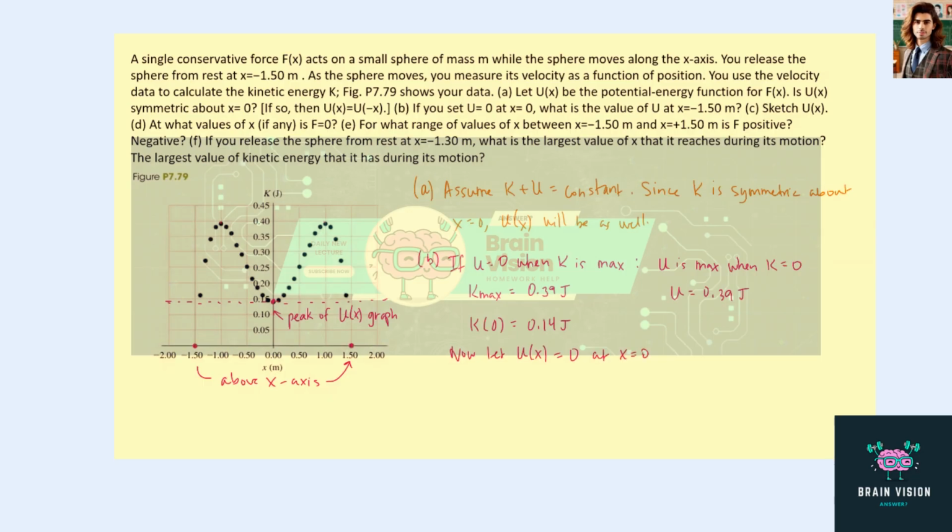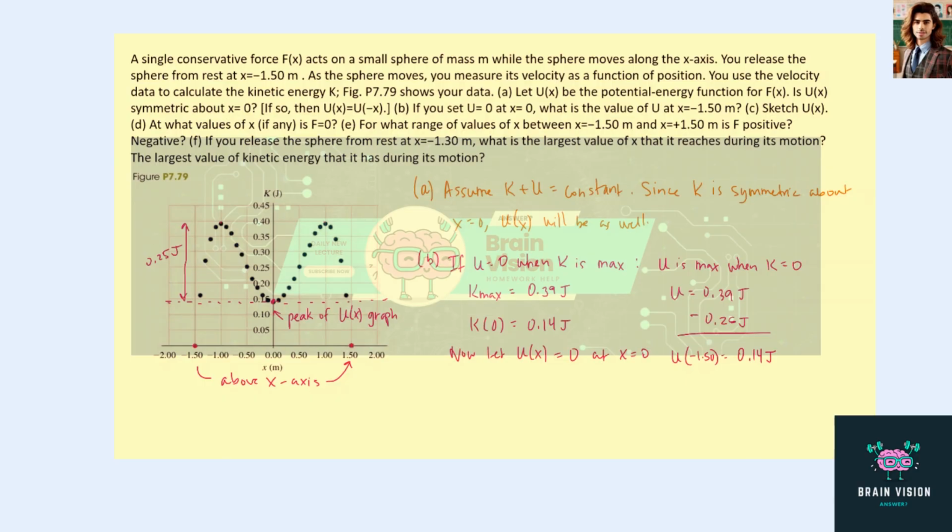And so instead of U having that value of 0.39, we're basically going to subtract the 0.25 joule difference here. And we can then say that U of negative 1.5 is going to be equal to a positive 0.14 joules.